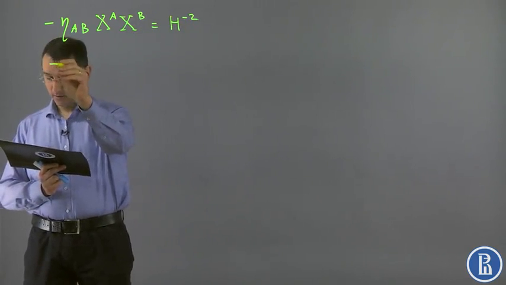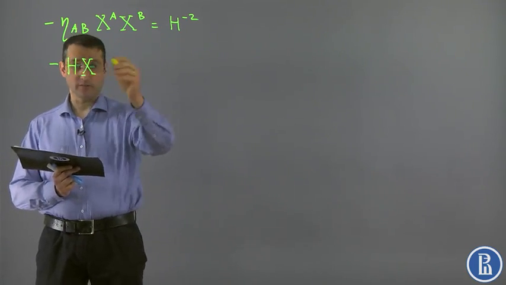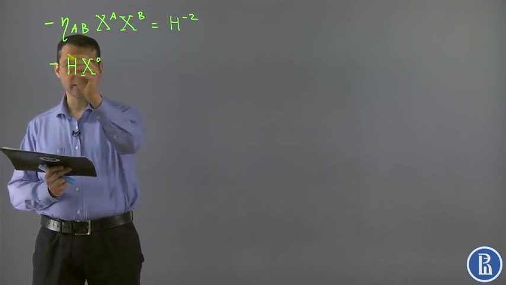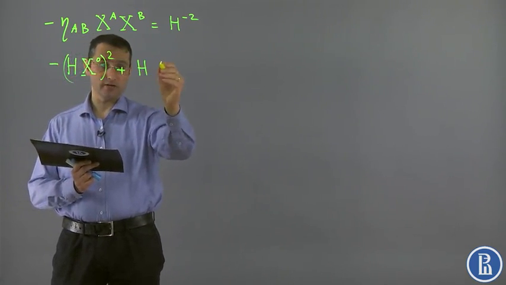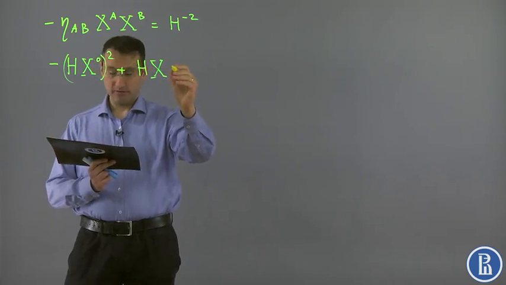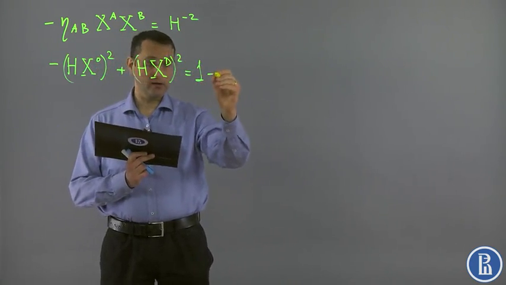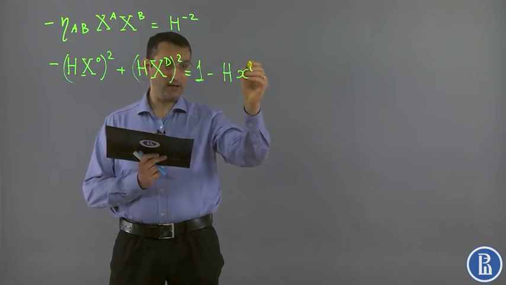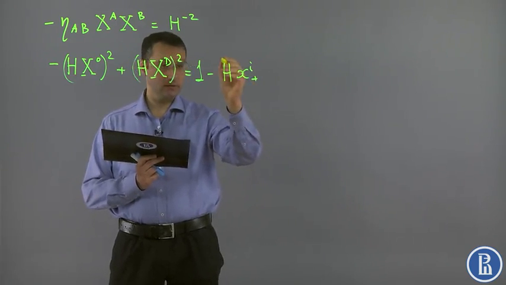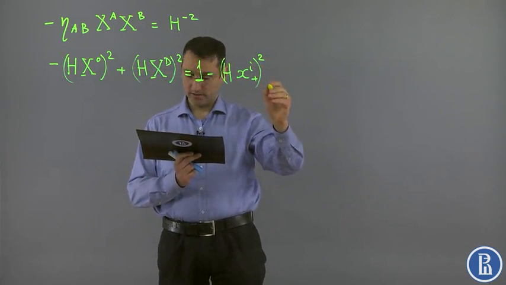We can write hx, well, this can be related to this, plus hx d squared equal to 1 minus h xi plus. The reason for the notations will become clear in a moment.